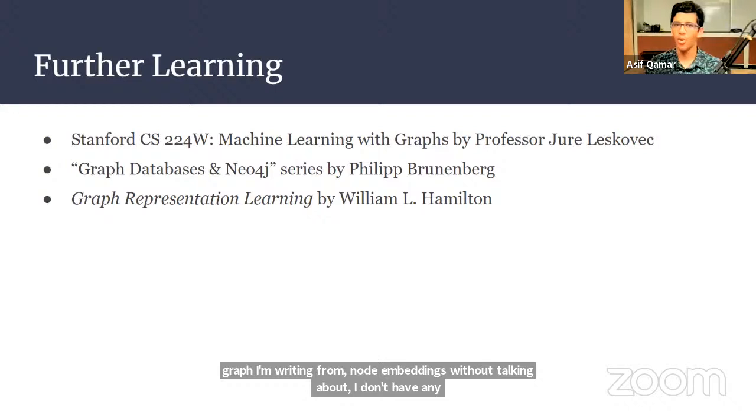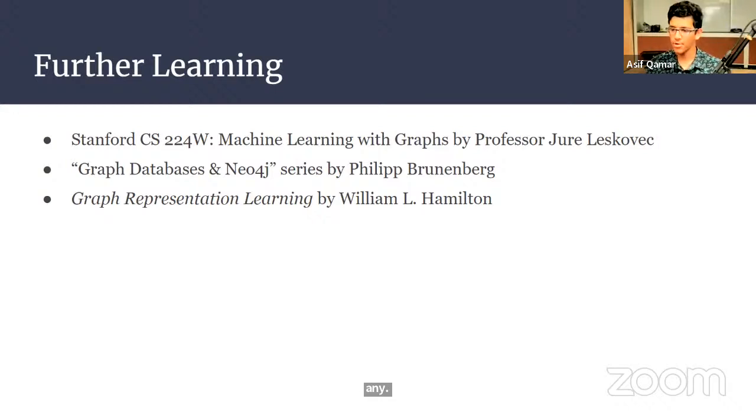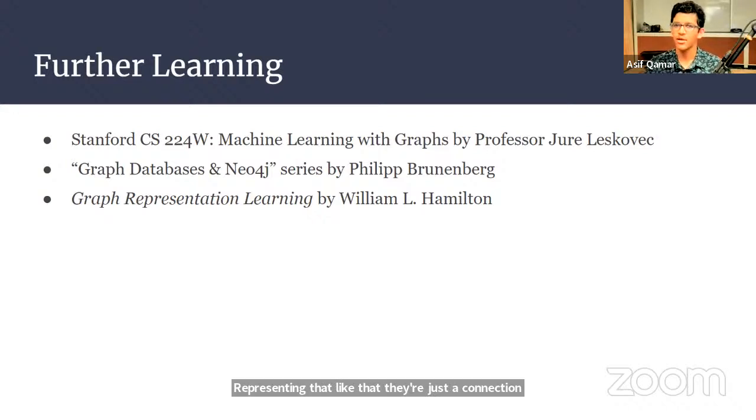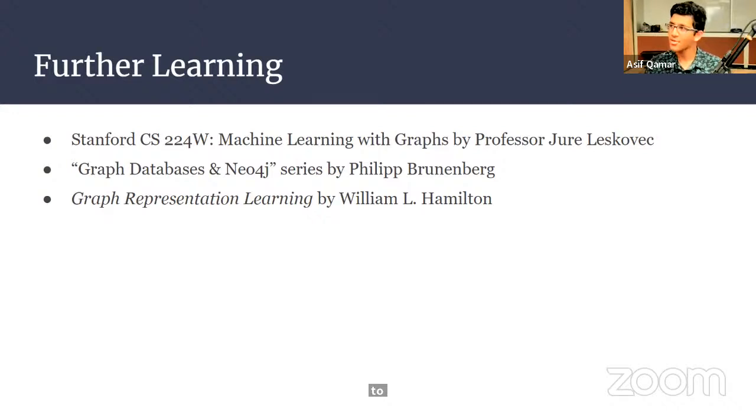So for node embedding, edges are pretty much just representing a connection between 2 different nodes. So it's much easier for the vector embedding for a node to have just absorbed that edge information.